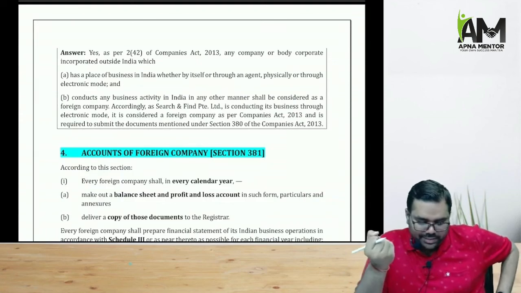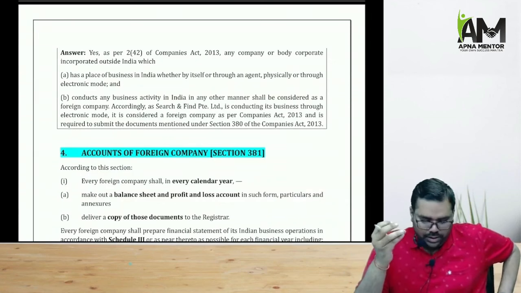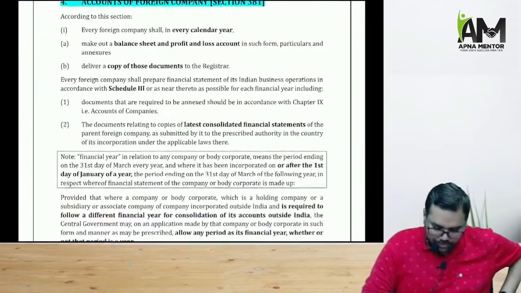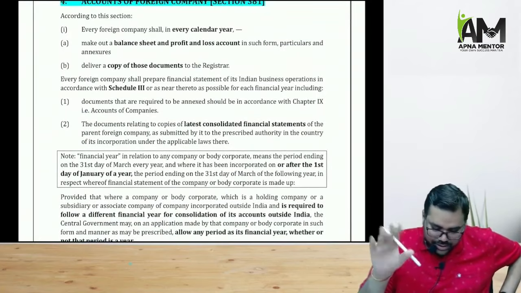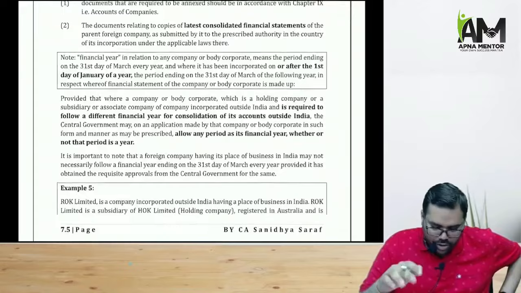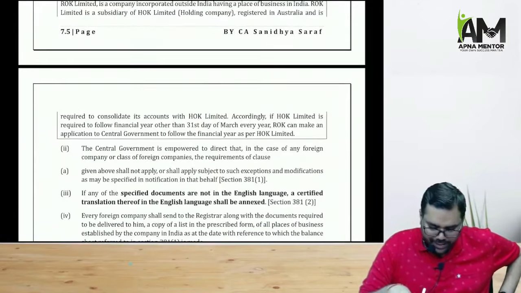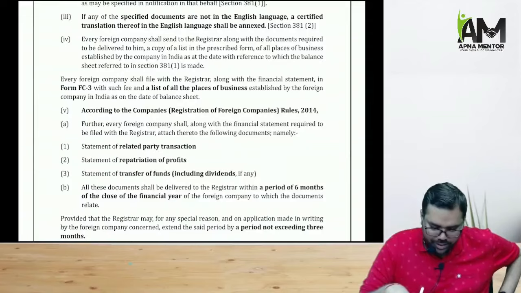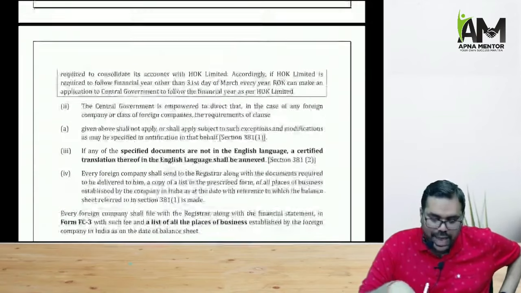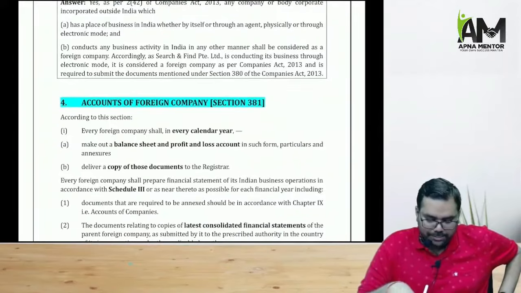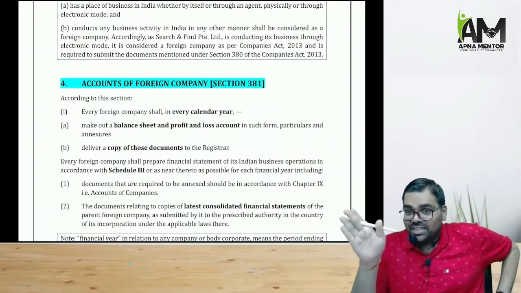Now, section 381, accounts of foreign companies. Foreign companies also have to prepare their accounts. Normally, Indian companies are required to prepare their accounts as per the financial year, in every financial year.